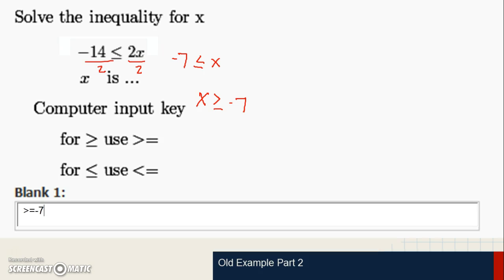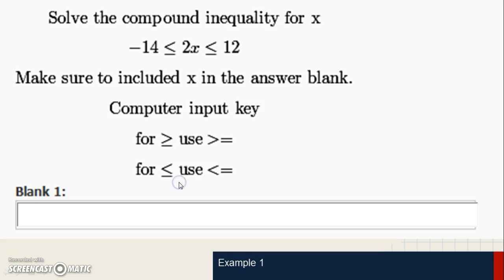So we have these two examples where we have negative 14 is less than or equal to 2x. And then we had 2x was less than or equal to 12. So what we're going to do here in our next step is we're going to combine them. So you can see right here was our first inequality, and this was our second inequality that we solved.